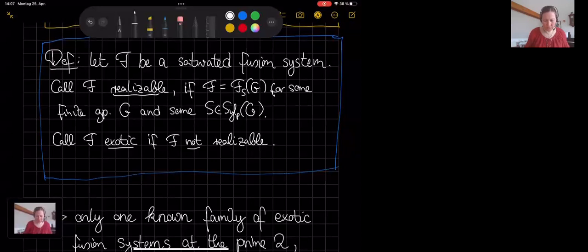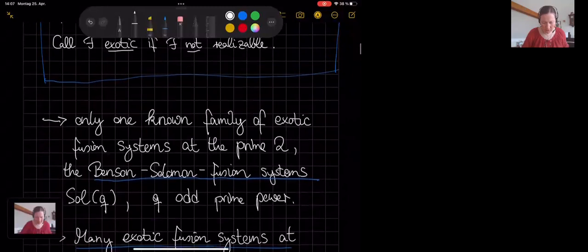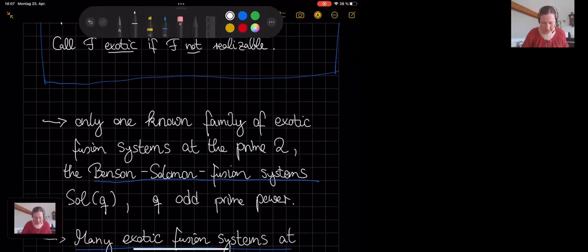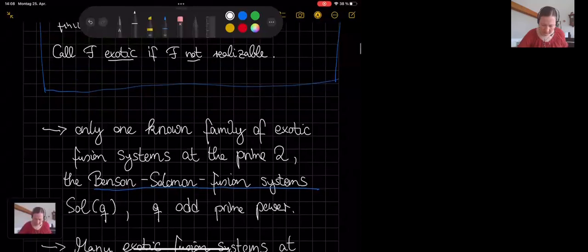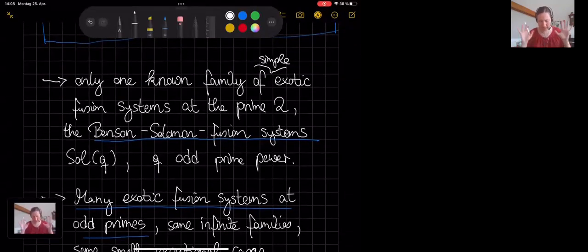So exotic fusion systems are thought of as the exceptional cases. And indeed, at the prime 2, at least, they seem to be quite rare. Okay, what I wrote down here, I just realized it's not quite right. There is only one known family of, I should say, simple exotic fusion systems at the prime 2, because similarly as for groups, we can glue fusion systems together in many ways to get fusion systems with different composition factors.